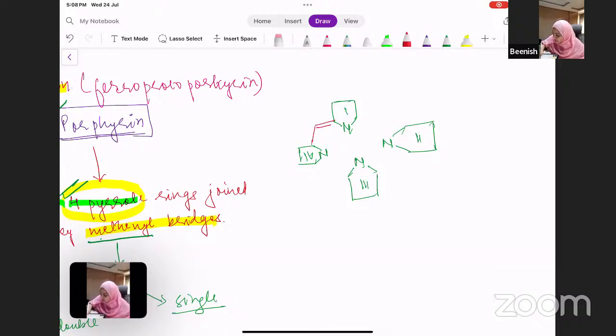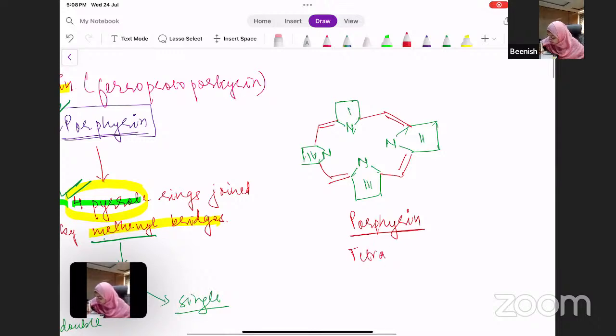So this, and this, and this. So this here is going to be your porphyrin. It is a tetrapyrrole, that is 4 pyrrole rings joined together by methynyl bridges.